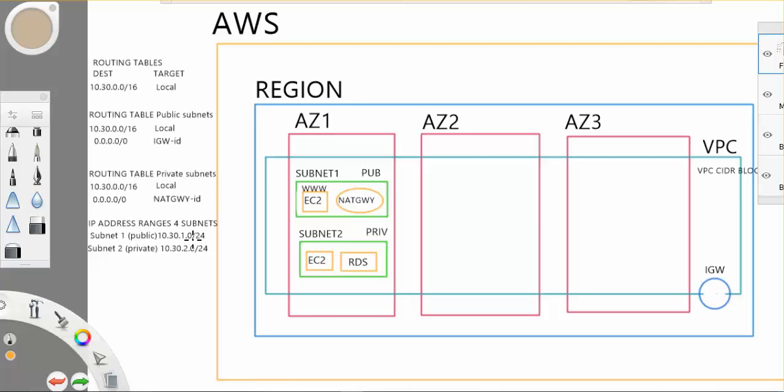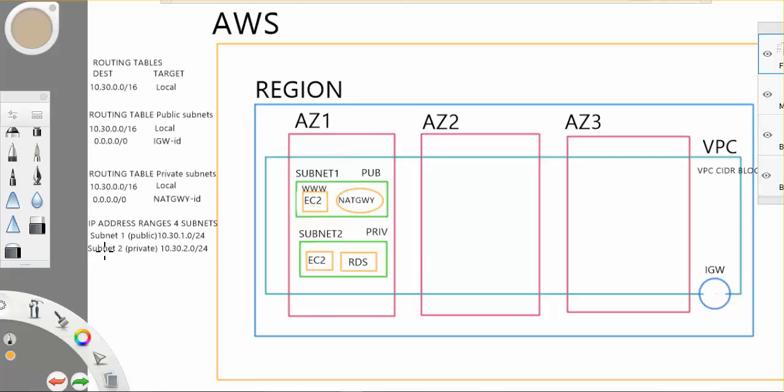And for this public subnet here, they will have values where the 10, the 30, and the 1 are fixed. The only value that's going to change is the last octet here, which is the value that can vary. And for this other subnet, we have 24 bits fixed.